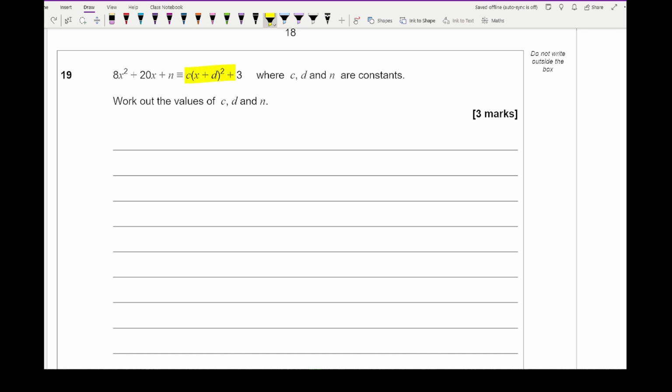Now, if I take the right hand side, let's expand the brackets. We'll do it in stages, so that becomes c lots of (x squared plus 2dx plus d squared) plus 3.